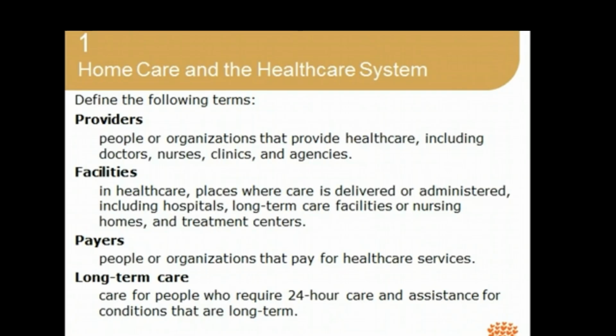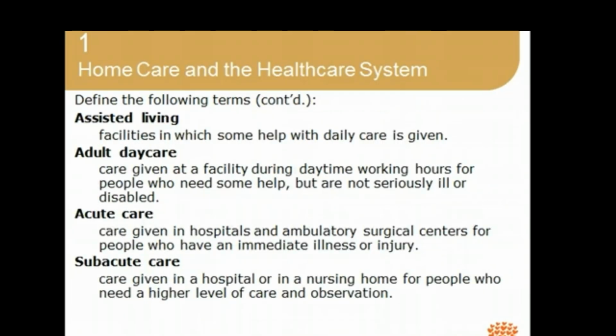I'm not going to read all of them to you, but I want to point out long-term care. That's a place where folks go when they need 24-hour assistance, and there's typically at least one, if not more, RNs on staff. Assisted living, this is where you have some help with your daily activities as a client there, but there's still a lot of things that you can do independently.